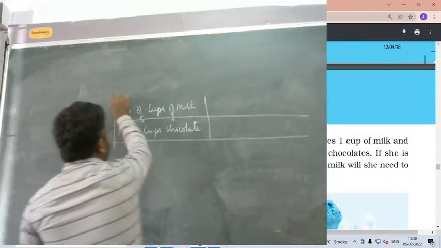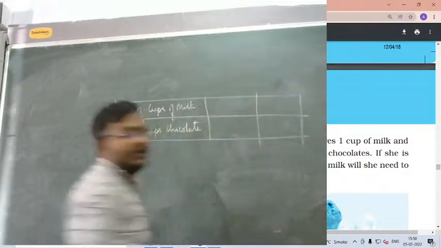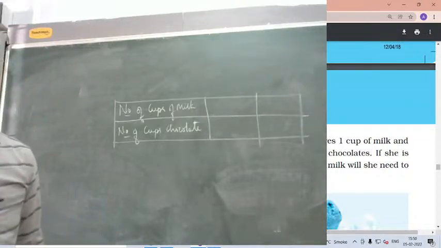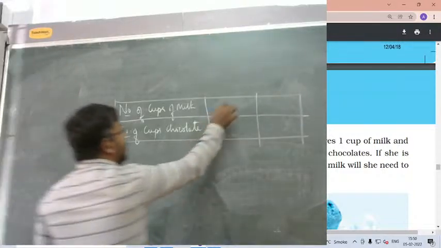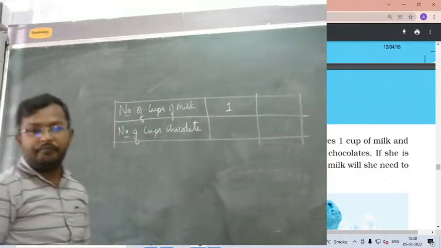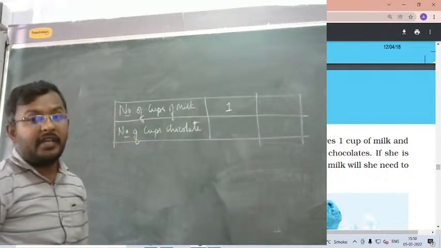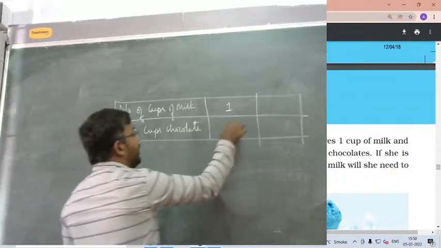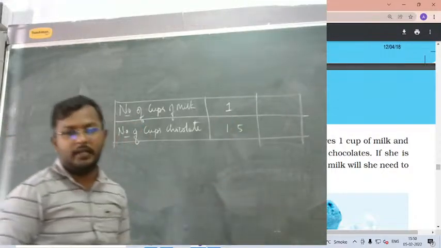One you can take as X and the other as Y. Now for 1 cup of milk, 1.5 cups of chocolate is required.